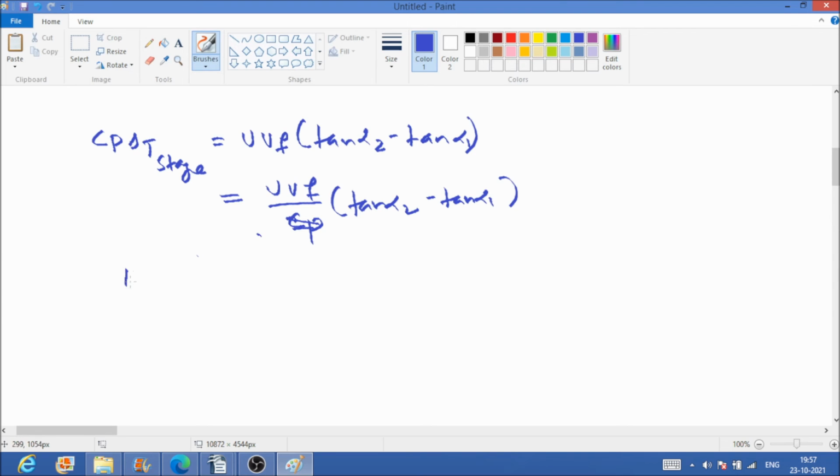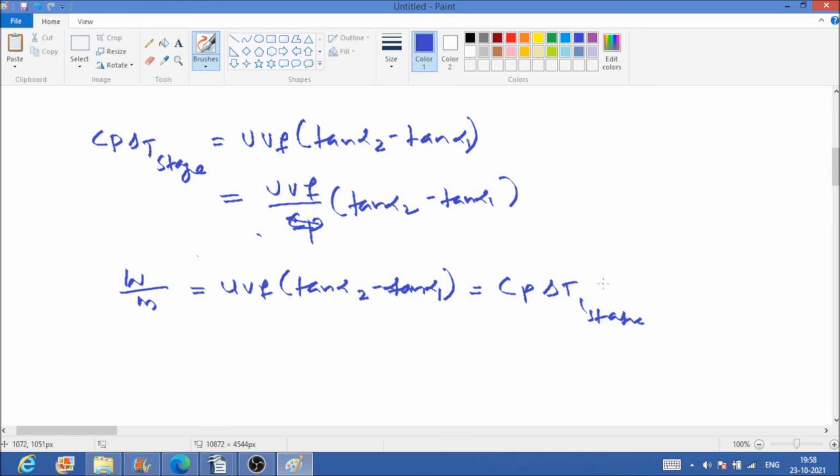Now this W by m is equal to U Vf into tan alpha 2 minus tan alpha 1, and I am splitting the same expression into two. In the rotor there is a static temperature difference, and it will accompany a velocity difference.